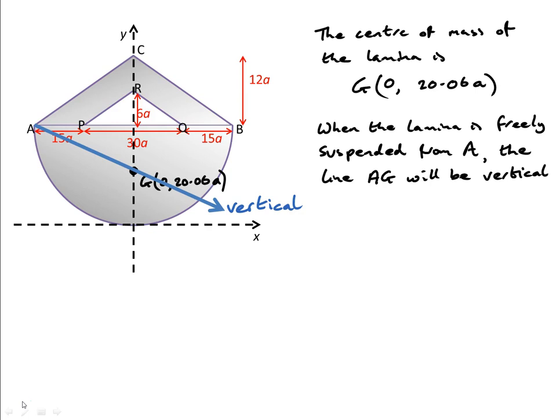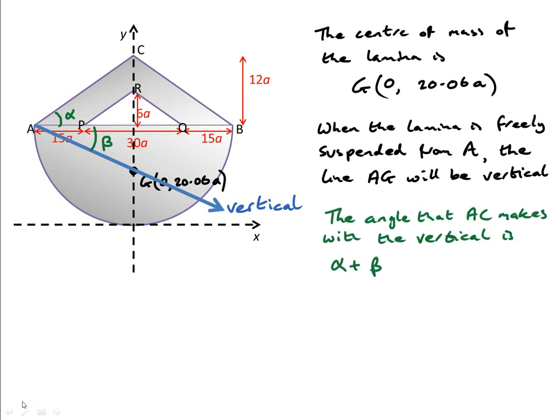So the angle that AC will make with the vertical is the angle alpha plus the angle beta shown on the diagram. Now, first of all, the angle alpha satisfies tan alpha equals 12a divided by 30a. In other words, tan alpha is 0.4 or alpha is 21.80 degrees.